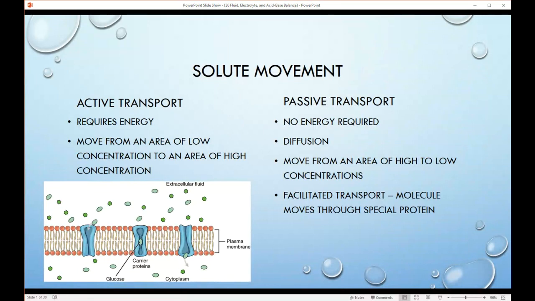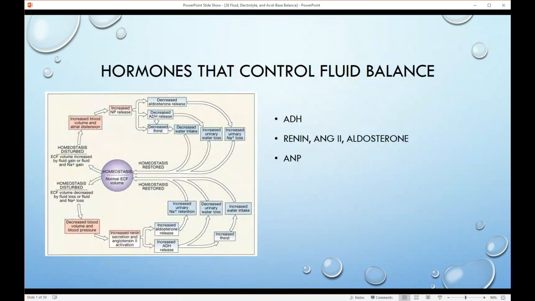We're squishing the people together like those in the elevator. Passive transport is when no energy is required, so diffusion occurs. We're moving from an area of high to an area of low. This is when everybody just floods out of that elevator because they're uncomfortable. We also can have what's called facilitated transport, when a molecule moves through a special protein, but it doesn't necessarily require any energy.